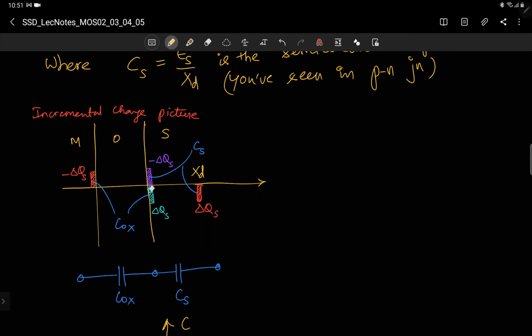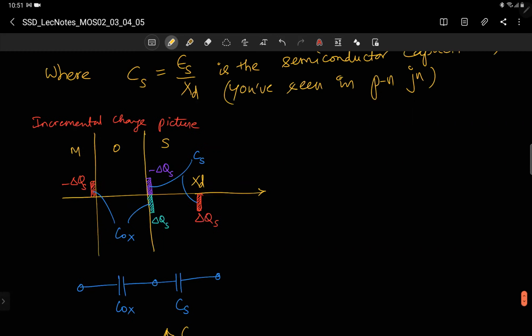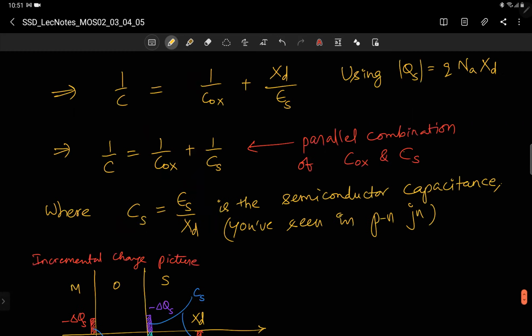You have not put extra charge, they will be canceling each other. And this charge and this negative charge, you take these two and call it CS. So you have a COX and then a CS, and they are in series. This is nothing but a series combination, not like resistors. The capacitance series expression is this.